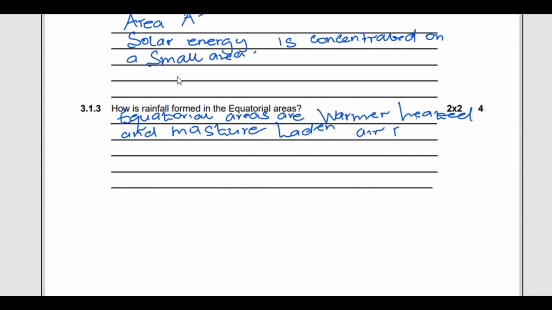Air rises and cools, forming clouds and rainfall.